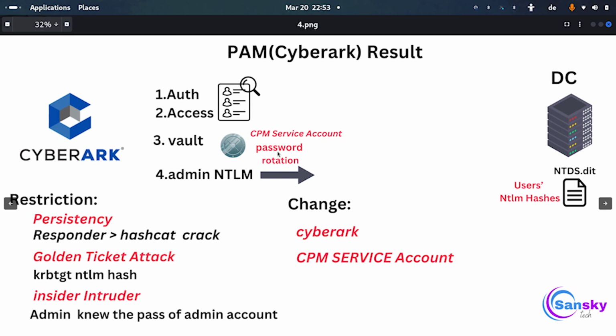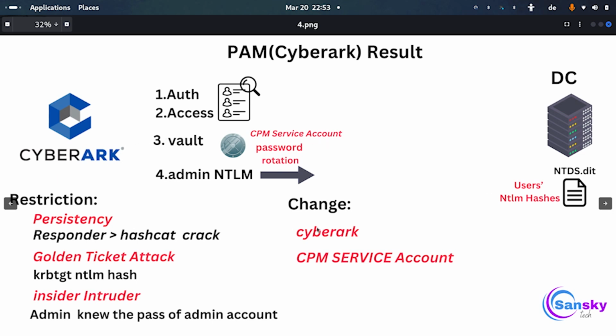CyberArk is changing the passwords automatically, which means there must be a way for CyberArk to inform the DC about these new passwords, so that the ntds.dit can be updated. This process of informing the DC about new passwords is done via the CPM service account, which is a service account used by CyberArk.